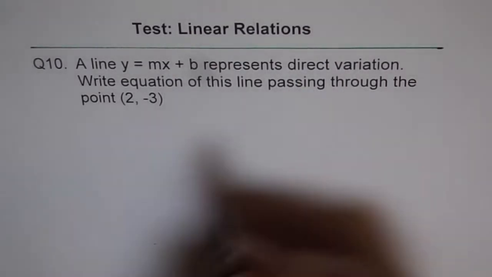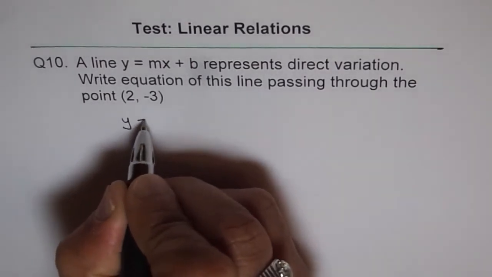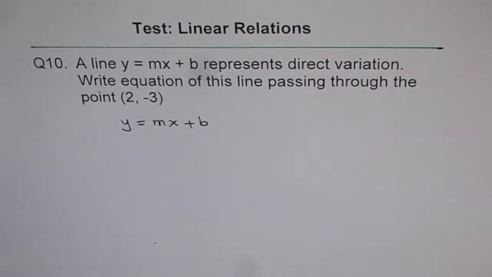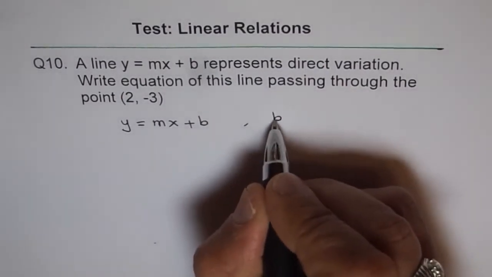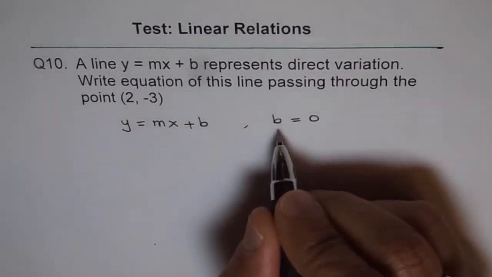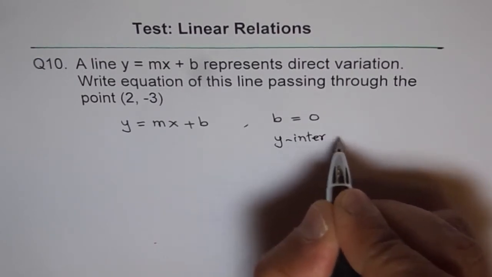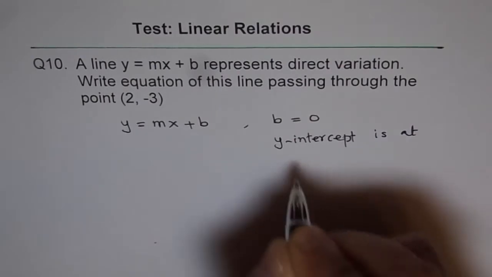What is direct variation? When we say the equation of the line is y = mx + b, it represents direct variation only if b = 0, right? That is to say that the y-intercept is at the origin.